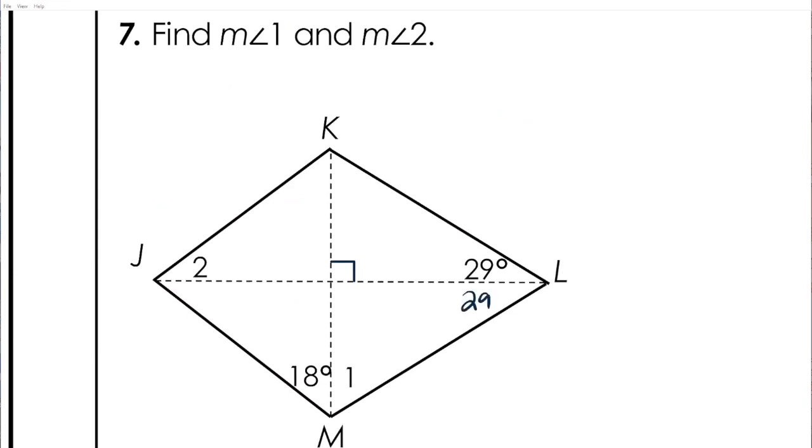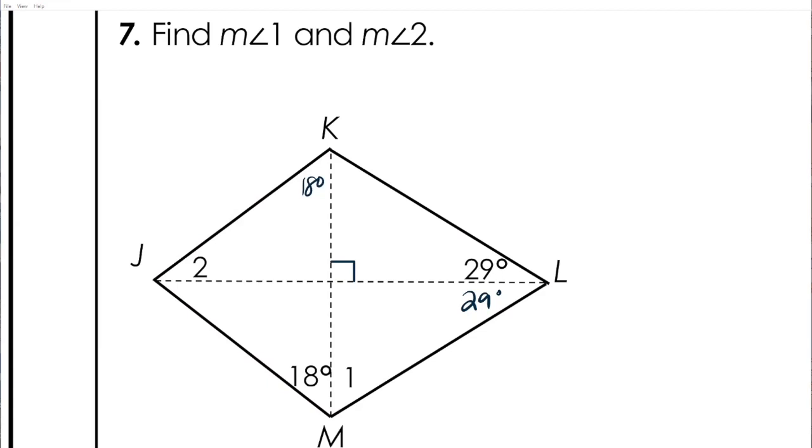So if one piece is 29, the other half also has to be 29. And then remember at the beginning when we talked about isosceles triangles, if this is an isosceles triangle, which we know consecutive sides are congruent, then my base angles have to be congruent.